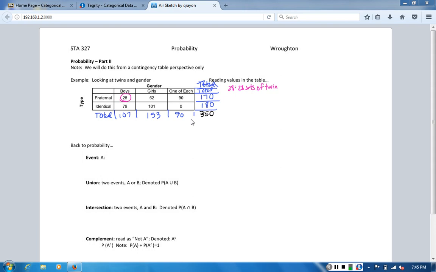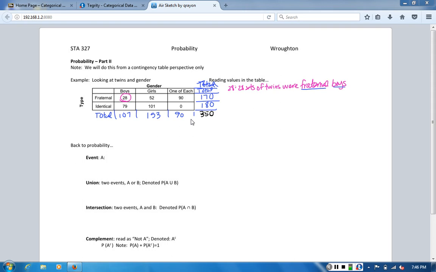So we'll put this together: twins were fraternal boys. What I look at with these numbers on the inside is they tell me what type of twin they are and what gender they are. So, right, it tells me about both of my variables. It tells me about type and it tells me about gender.